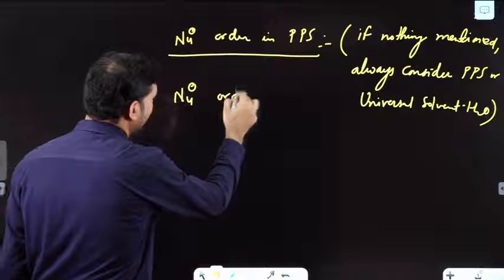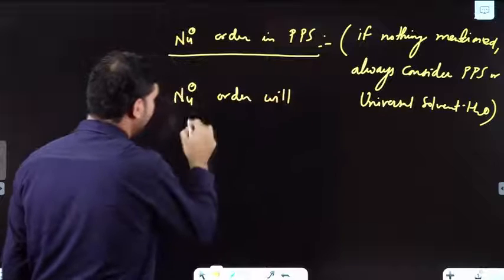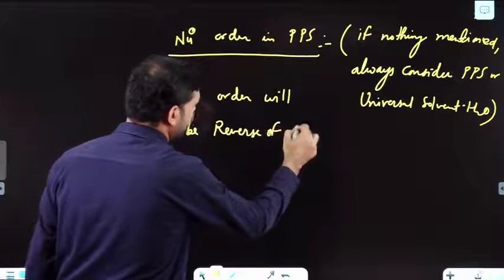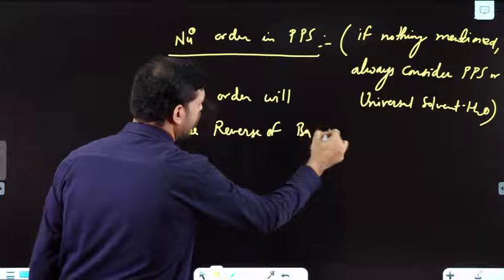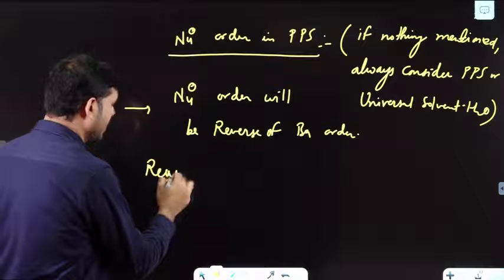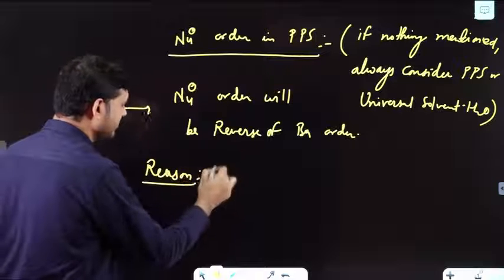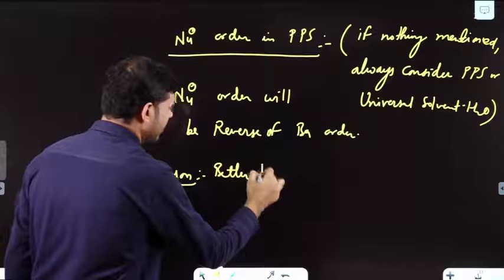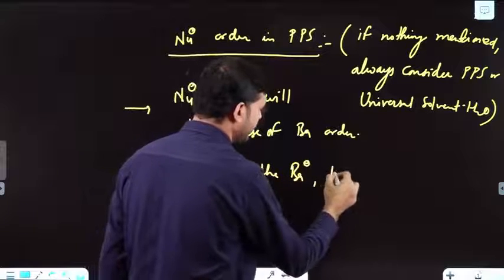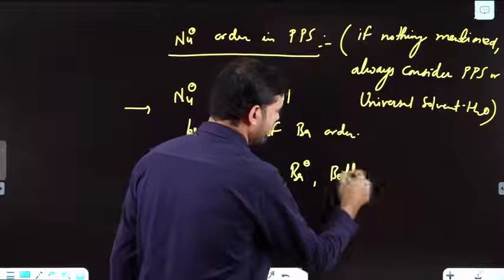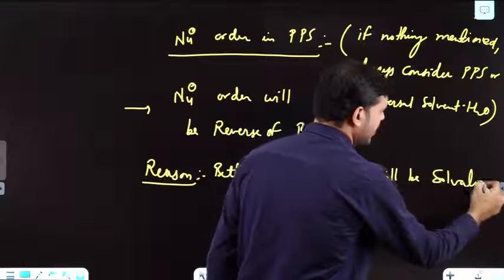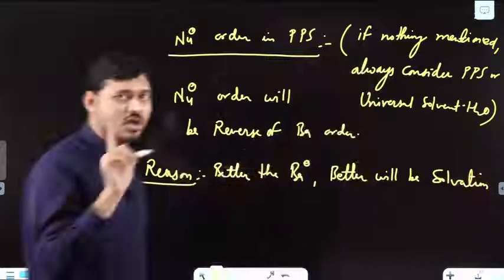Nucleophilicity order will be the reverse of basicity order. Reason: the better the basicity, the better will be the solvation. In an earlier class I discussed solvation as well.